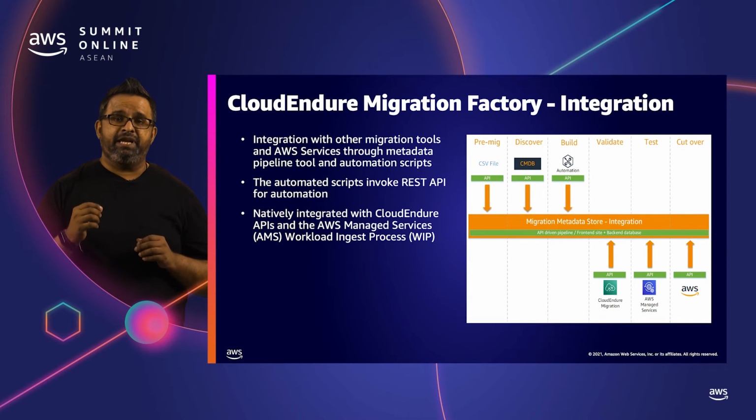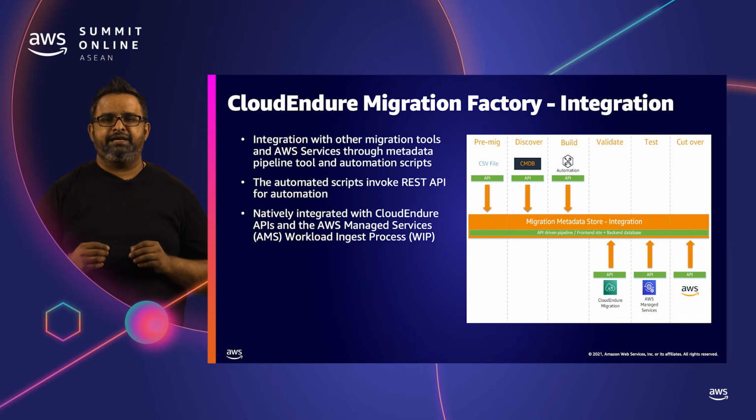Data that have been ingested into the metadata store will then be leveraged for automation, for example, CloudEndure agent installation for each source server. The data in the metadata store is also leveraged to perform migrations through AWS services such as CloudEndure and AMS WIGS via REST API integrations.